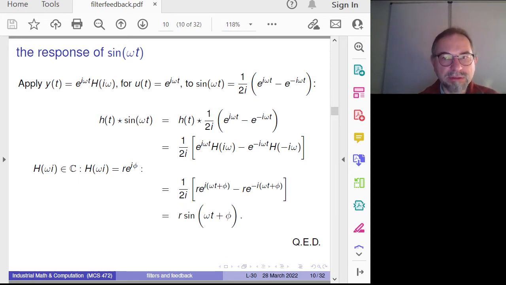We call in the polar representation, we have the radius and we have the angle, so the r and the phi. And you see that the r and the phi, we can go back then to the sine function. So when we use the polar representation we recognize a sine function in there.